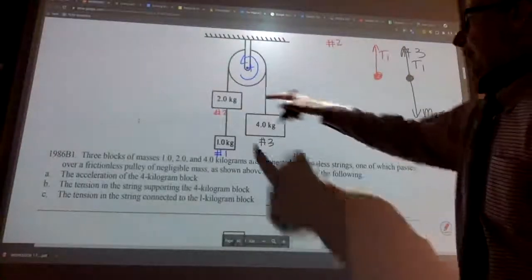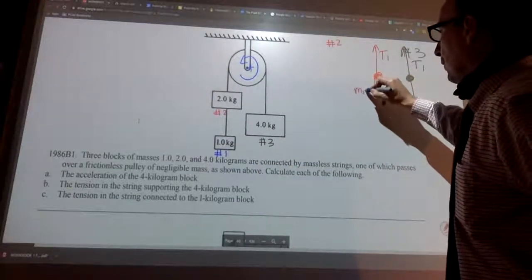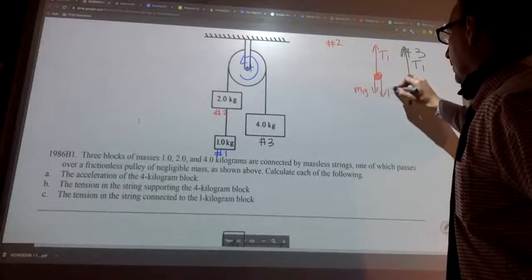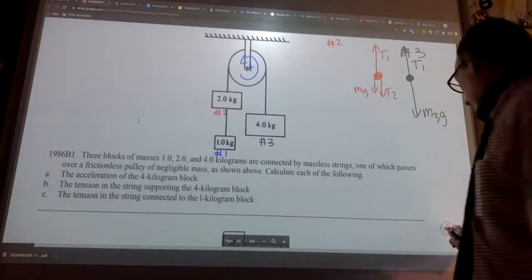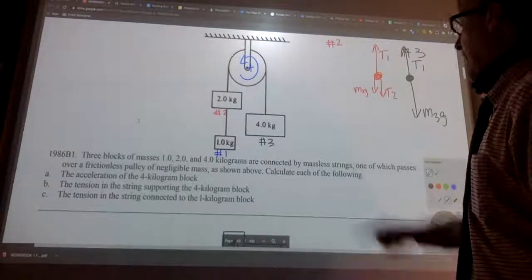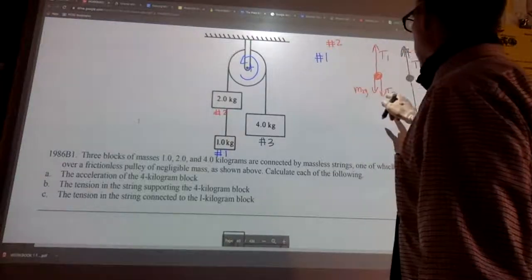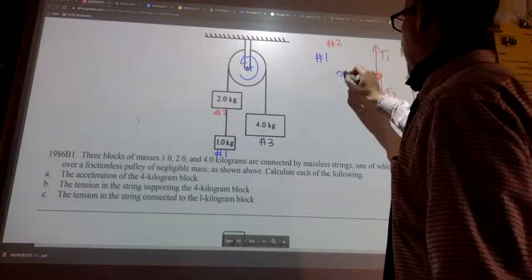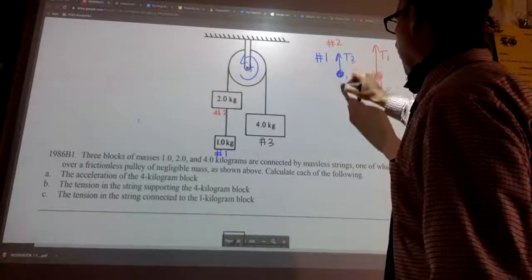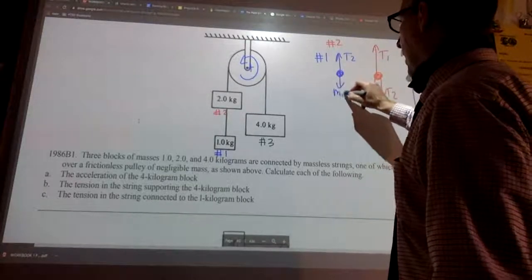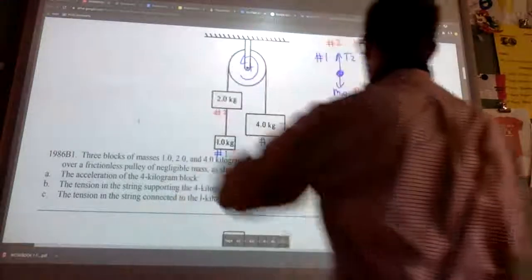And it would have M2G going down, and T2 going down. Let's look at number 1. It would have a T2 of the same length going up, and it would have a shorter M1G going down, because I think all of this is going to go that way.